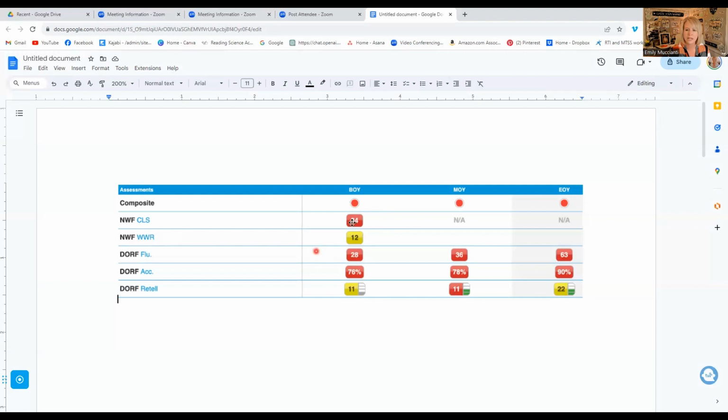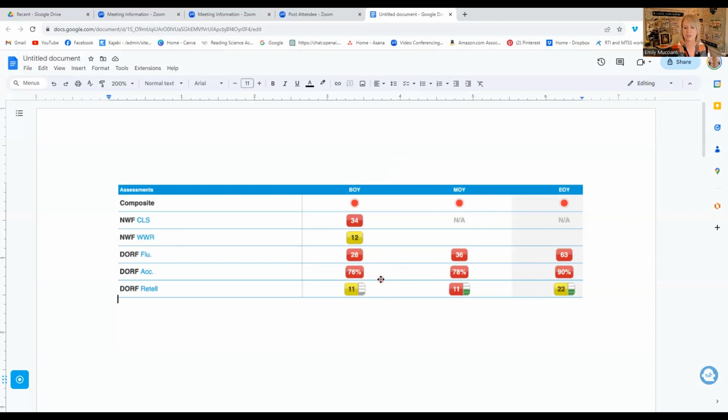Now, the other thing I want to draw your attention to is that we have a student, and this is what happened with this student, because I was talking through with my client. I was concerned that we have a student in the fluency 28 to 36 to 63 still in the red. Accuracy here, there's virtually very little change.